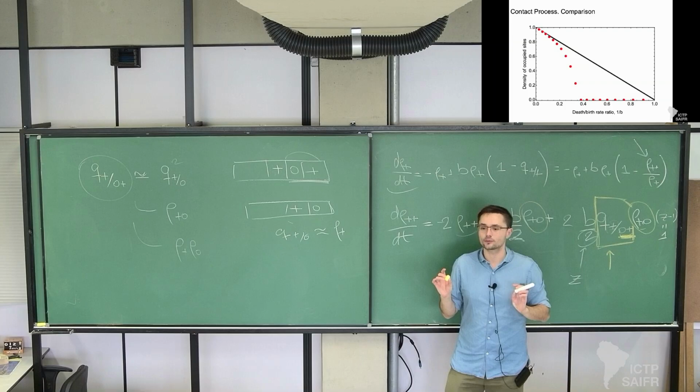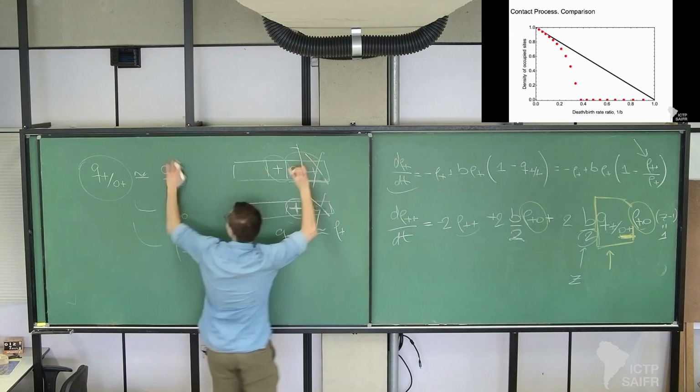So all I'm going to do is, if here I was caring about the probability of taking a plus without looking at the first neighbor, what I'm going to do now to extend and capture at least some spatial correlations is I'm going to look at the probability of taking my plus just conditional on the nearest neighbor. And I'm going to forget about higher order clusters. That is what I'm going to do. This is the reasoning I want to follow. And how do I write that mathematically? I write it mathematically this way.